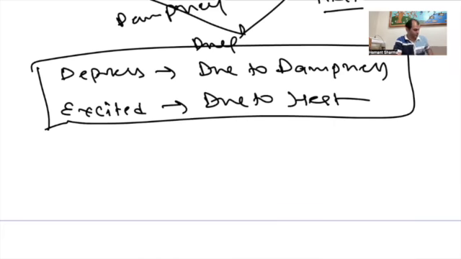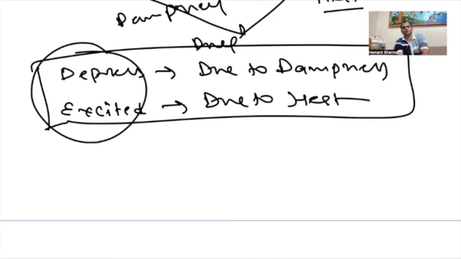So these persons have too much emotional fluctuation. What do we need to treat? We need to treat damp heat in the heart. हमें हार्ट के अंदर बढ़ी हुई damp heat को ट्रीट करना होगा. This is called mania. Mania means depression and excitement together. Is it clear?